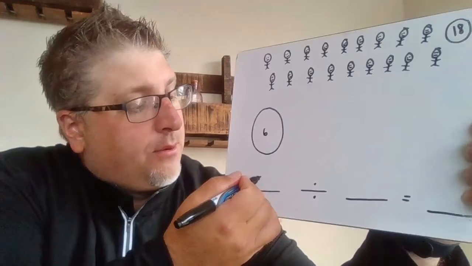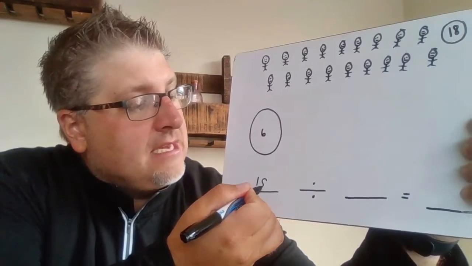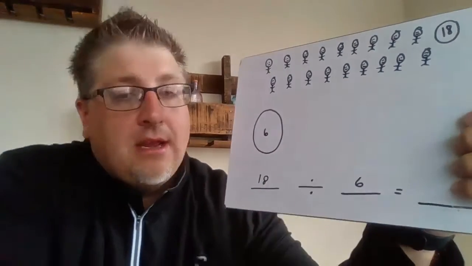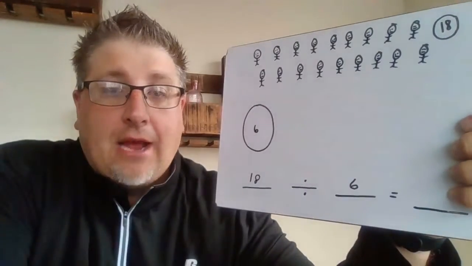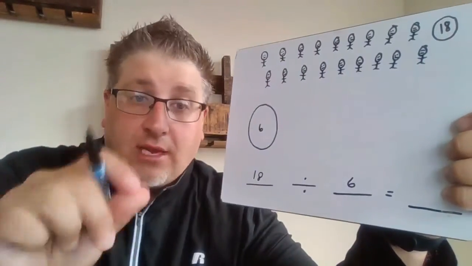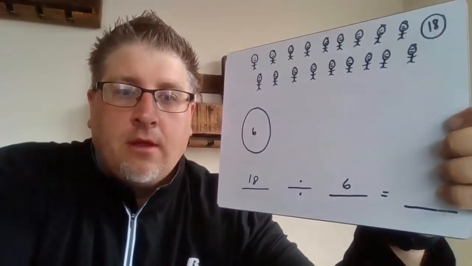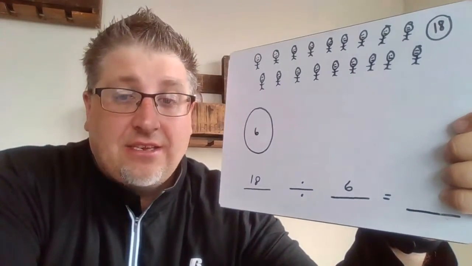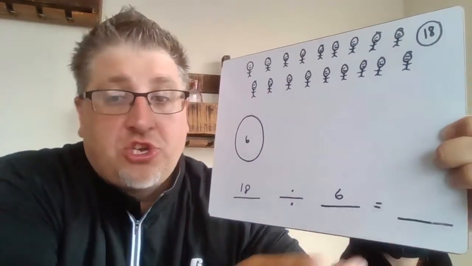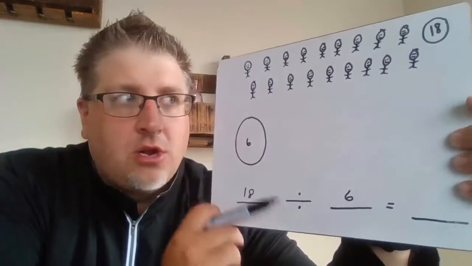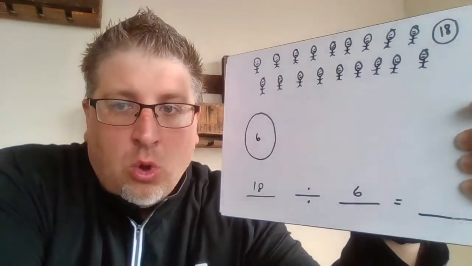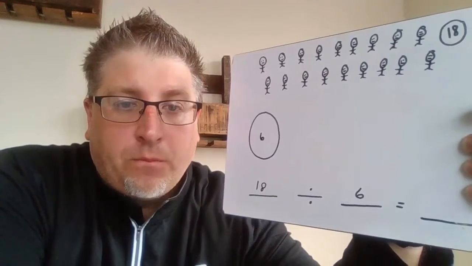We can come down here, we have 18 people, and we can put 6 at each table. Look at that. We already plugged in what they gave us, okay? The question now is 18 divided by 6 equals what? This is what we're searching for right here. We're searching for that answer, but we want to know how many tables will get the job done, okay?